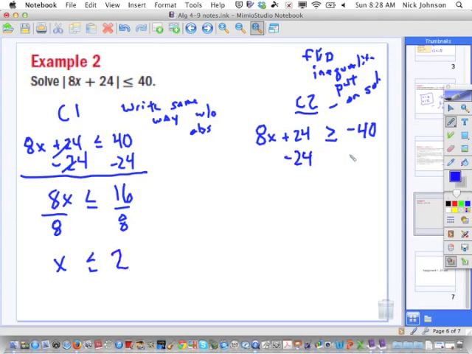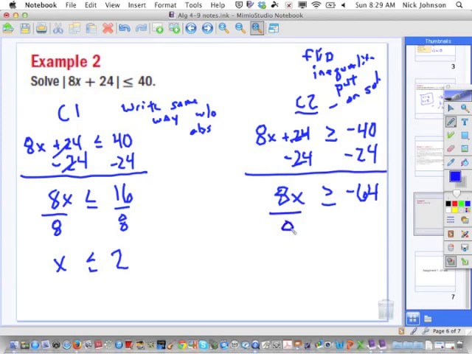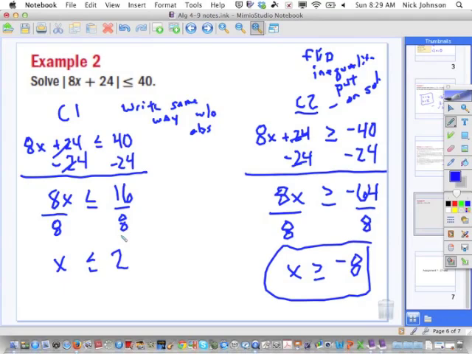Subtract 24. Signs are the same over here on the right-hand side. 8x greater than or equal to, this gives me a negative 64. Divide by 8. X is greater than or equal to a negative 8. And these are my two solutions for this problem.